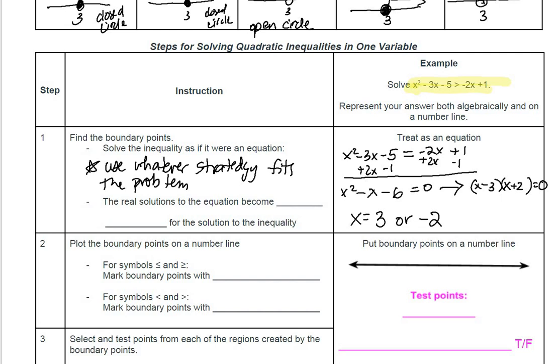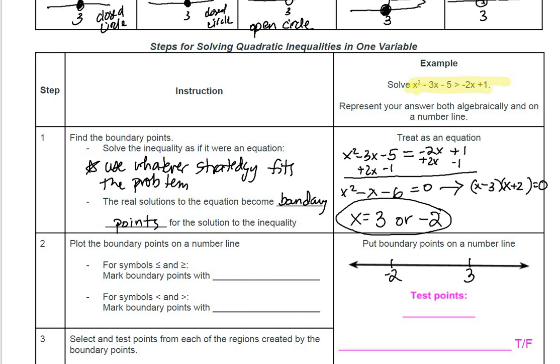Okay, so once you get your solutions, which we do, those are the boundary points for the solution to the inequality. Once you have those boundary points, go ahead and plot them on a number line. So I'll be plotting negative 2 and 3.